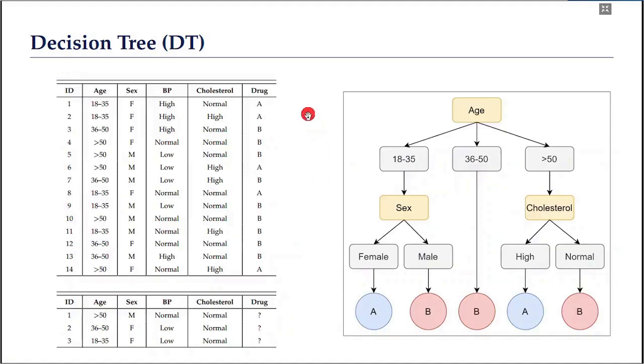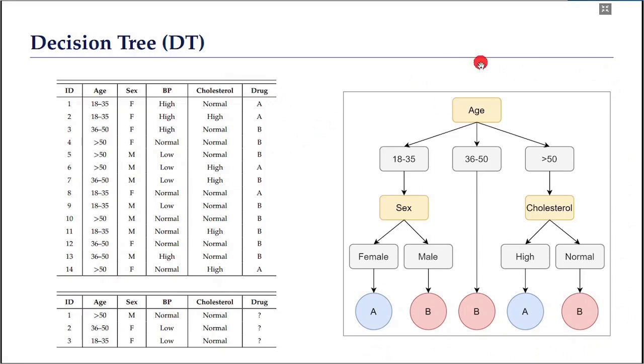Let's consider this example. Here we have 14 samples or examples, and five variables: age, sex, blood pressure, cholesterol, and drug. Let the drug variable be our outcome variable of interest, and let's consider the other four variables as covariates. From this data we can easily construct this decision tree.